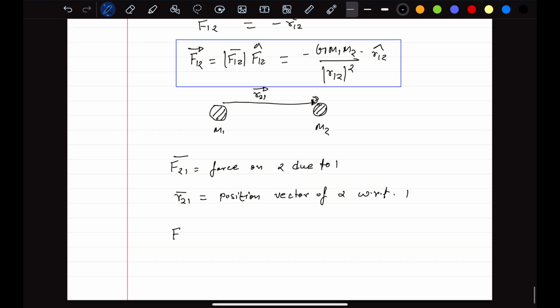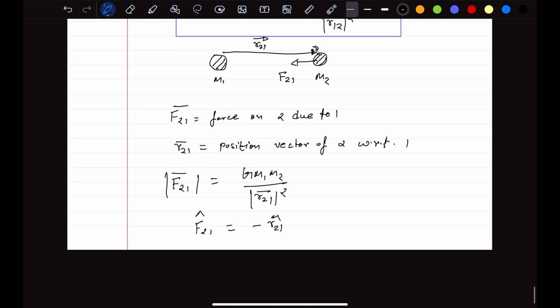So I can say F21 vector magnitude again is going to be G m1 m2 divided by R21 magnitude square, because R21 magnitude is equal to R only. And again, the direction of the F21 cap is negative of R21 cap, because F21 is in radially inward direction and R21 is opposite direction.